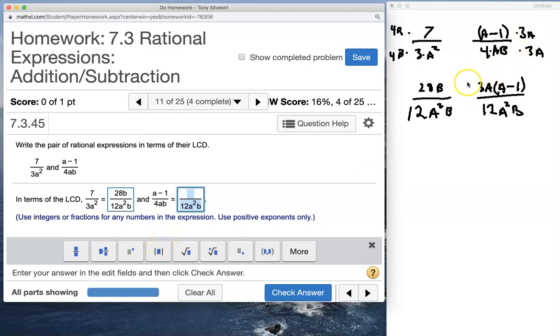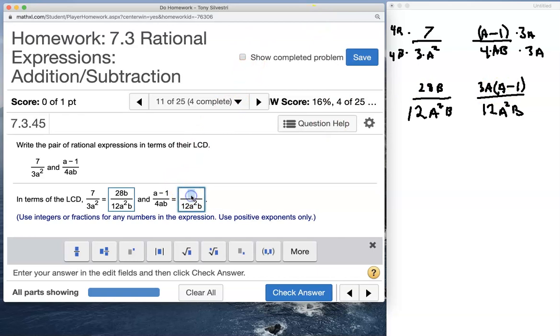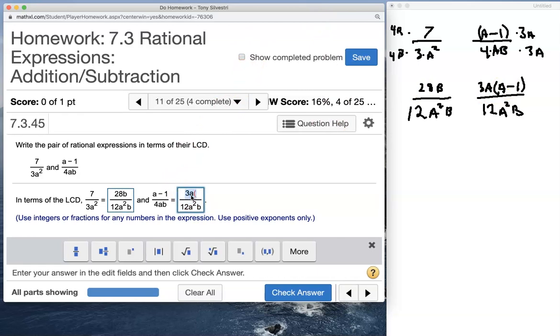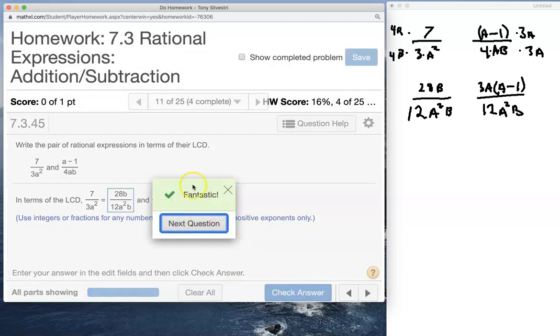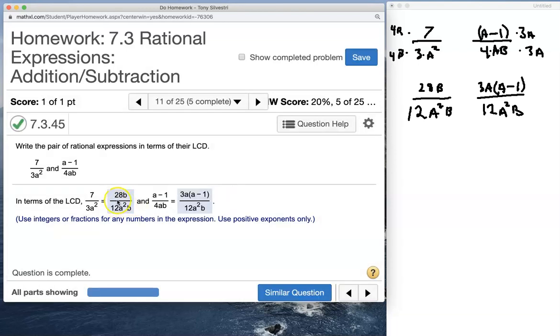And you don't even need to multiply that out. Leave that alone. Just say 3a, a minus 1. They look totally different. The rewritten fractions look totally different from what we started with, but these are the fractions.